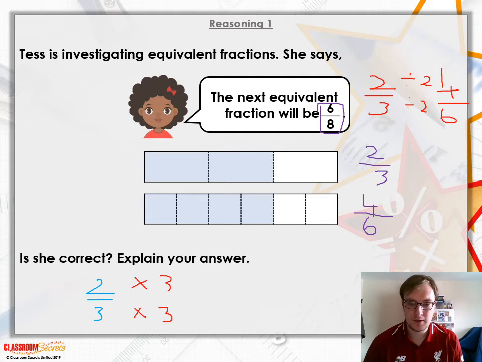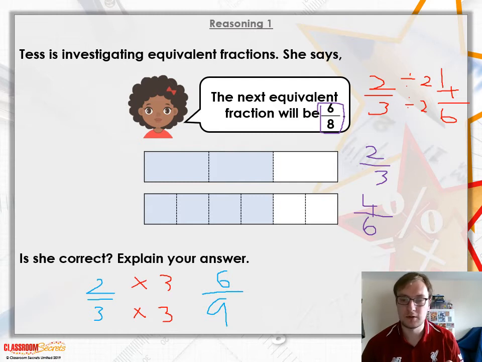So 2 times 3 would be 6. So she's got the numerator right. And then 3 times 3 is 9. So she has not got the denominator right. So Tess would be incorrect, because 3 times 3 is actually 9 for the denominator, not 8.